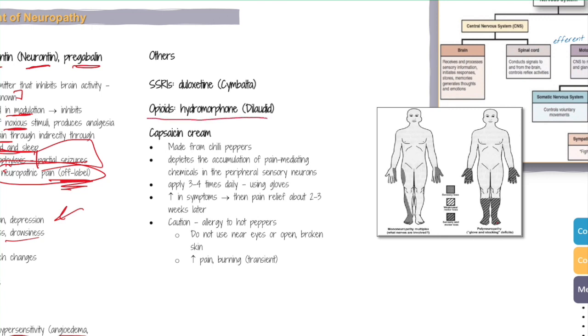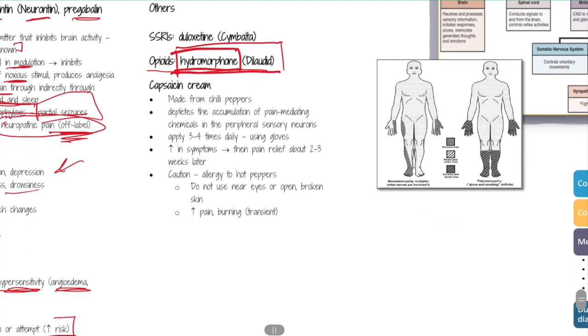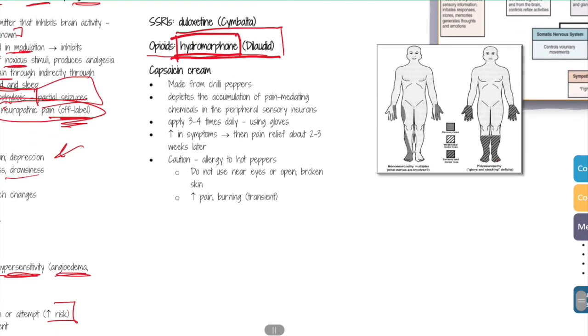Opioids are used selectively, right? A lot of the older tests might say morphine, or I had a test a while ago that said Demerol, and I'm like, we haven't used Demerol in 15 years. Hydromorphone is really your big opioid that would be given for this kind of pain. Obviously, it's not something we want someone on long term, but sometimes there aren't a lot of options.